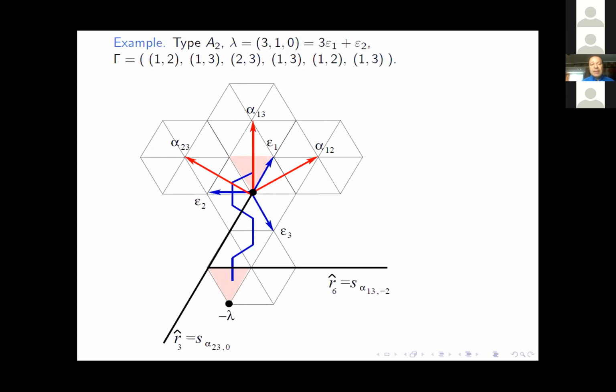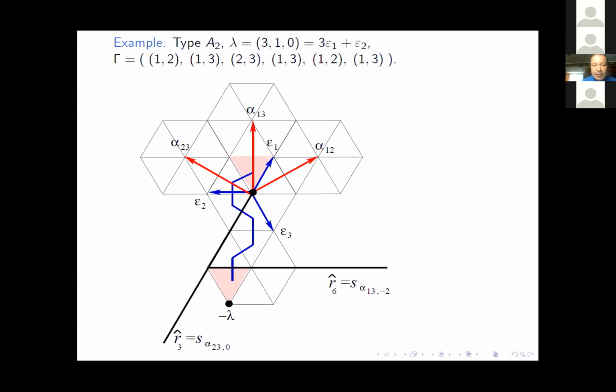In red, you see the positive roots, epsilon 1 minus 2, 2 minus 3, 1 minus 3. And then you see the hyperplanes orthogonal to these roots, and also translates of them. The complement of these collections of hyperplanes are the triangles, which are the alcoves. And the fundamental alcove is the shaded one centered at the origin.